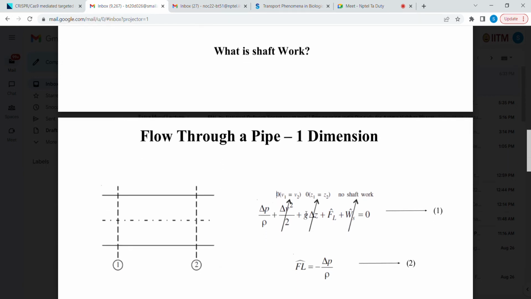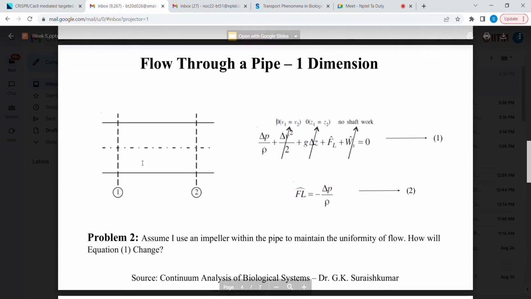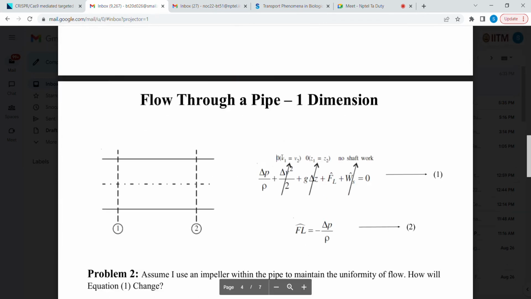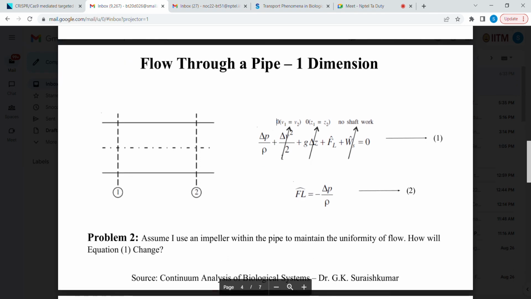This is a two-dimensional look, an aerial look perhaps. So this is two dimensions, and what happens to this engineering Bernoulli equation is that V1 equals V2. What does that mean?